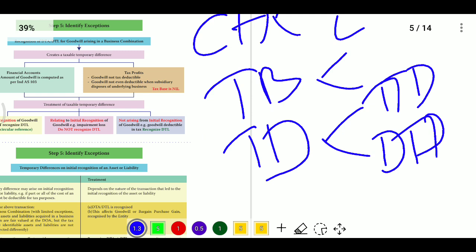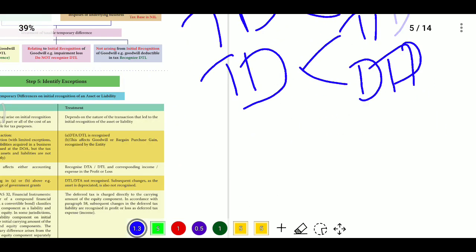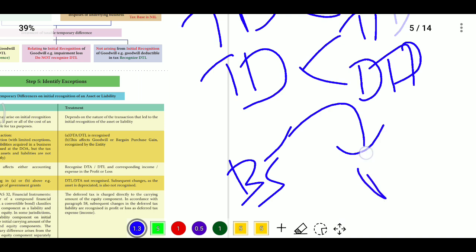Now we need to calculate DTA or DTL on the temporary difference. The closing balance of DTA or DTL will be shown in the balance sheet, and the current year amount of DTA or DTL will be shown in the profit and loss account.